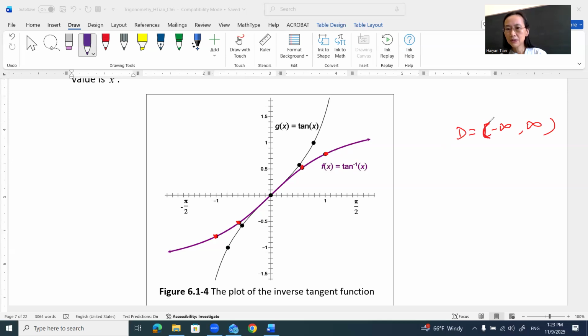I should use open parentheses. And the range for the tangent inverse should be from negative half of pi to positive half of pi.